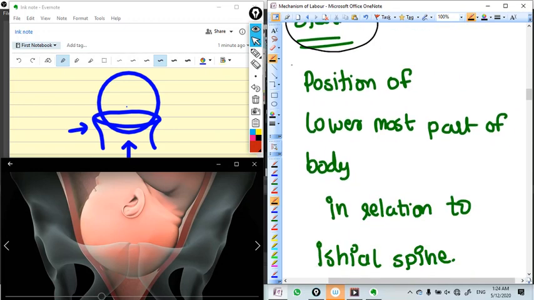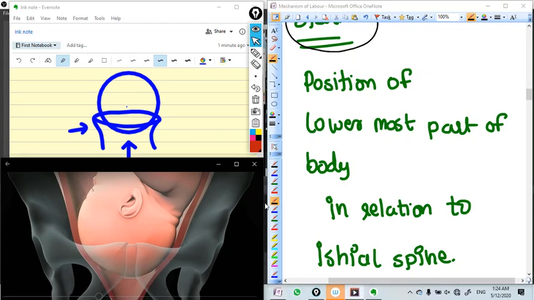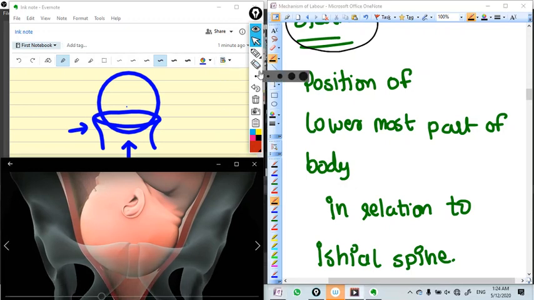What we do here is take the lowermost leading part of the fetal head going inside the pelvis. If you see in this video, this is the part of the fetal head that is farthermost leading into the fetal pelvis.